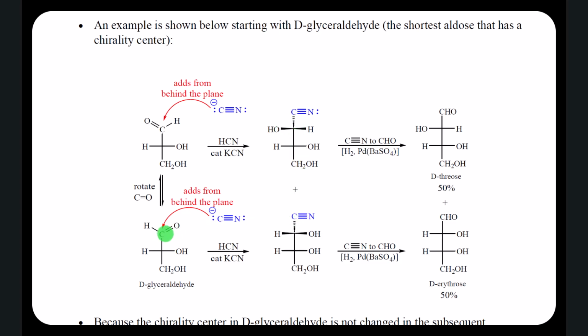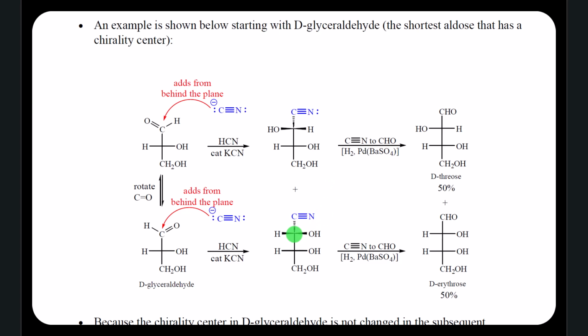And on the bottom structure, it would become an OH on the right-hand side of the chain. So we can see that we create 2 diastereomers because the lower numbered chirality center does not change configuration, but we create a 50-50 mixture of the 2 configurations of the newly created chirality center.